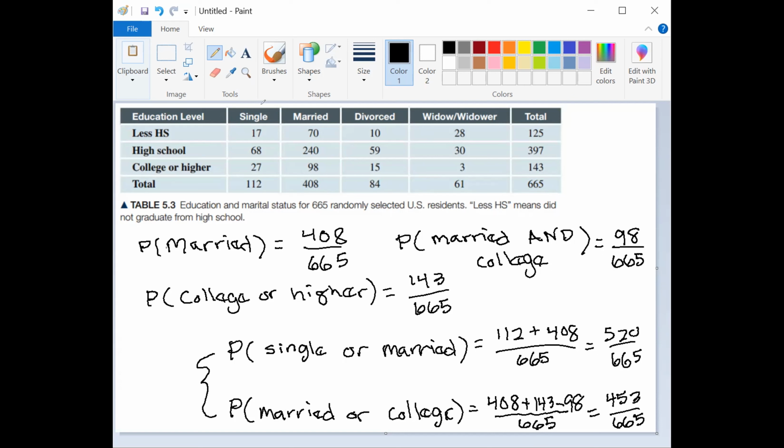So one of them is where we have like the single and married. You can't be single and married. You can only be one of the two. All right. So since it's not possible to be both of these things at the same time, whereas you can be married and in college, because of that, we have got to do something different. So this case where you have single and married, where you cannot be in both, that's called mutually exclusive. So we're going to spend a few minutes talking about that.